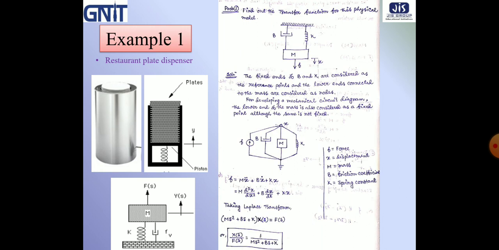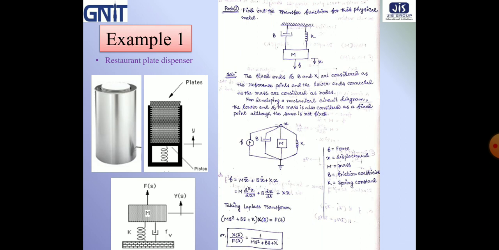So one end of the mass will be connected to the fixed point that is represented by the reference or ground symbol, and one end is connected to the node. The number of nodes will be the number of displacements represented in the mechanical system.